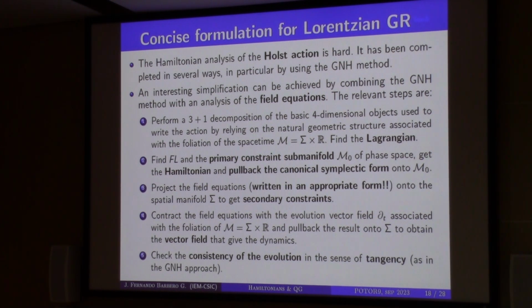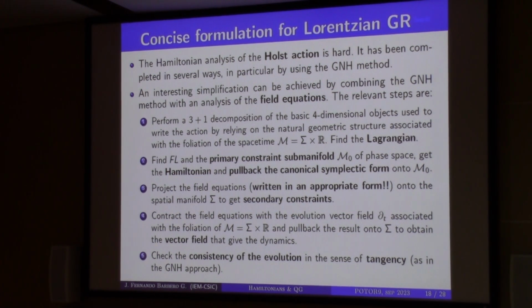Then you can introduce a 3+1 decomposition to find the Lagrangian. Once you have the Lagrangian, you can find the fiber derivative, define the primary constraint manifold, get a Hamiltonian, and pull back the canonical symplectic form onto it. That is exactly what I have described before.